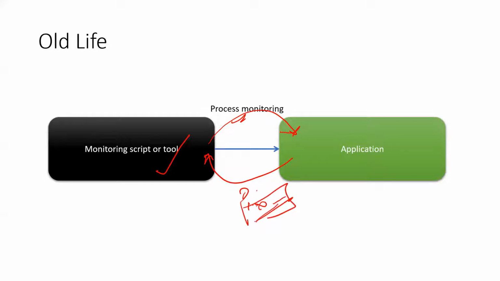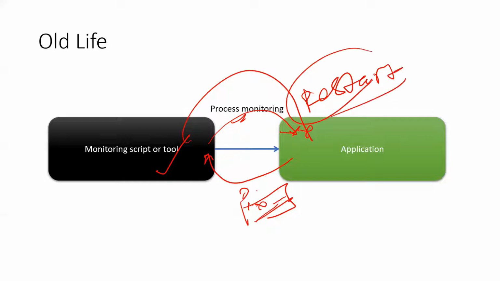So it keeps checking the status code. In case any failure status code is received, this tool immediately triggers the restart script, and the application will be restarted. Then the application will start serving the users, right?